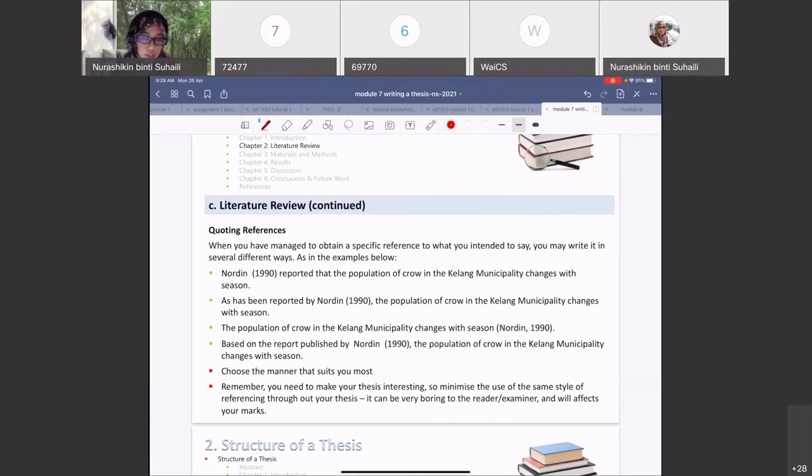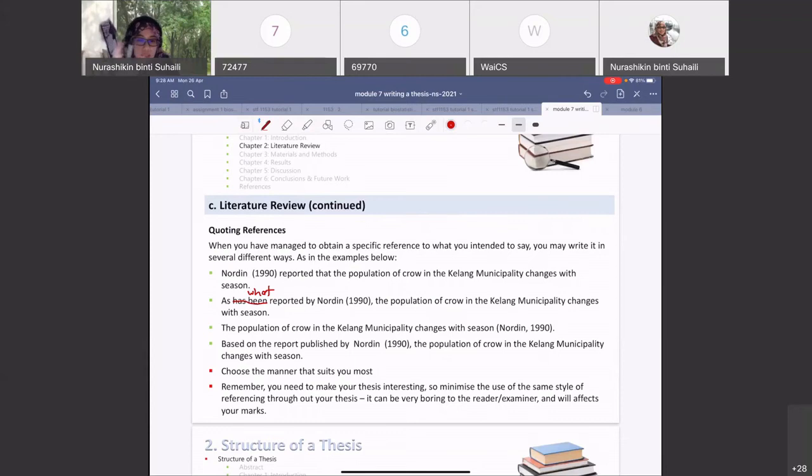Okay, you can also say, as reported by Nordin. Okay, that's another way how you can vary your sentence. So if the original sentence says that Nordin reported that, you don't have to repeat the same way, because otherwise the similarity will be the same, right?